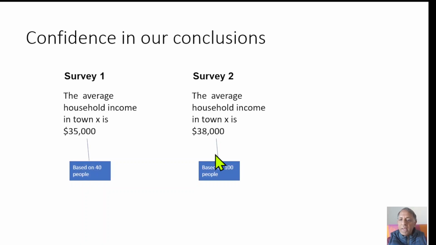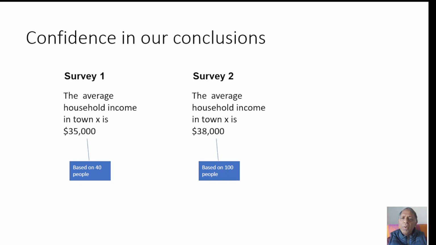Let's say that this 35,000 value was based on 40 people, meaning survey 1 talked to 40 people and their average income was 35,000. Survey 2 talked to 100 people and the average income was 38,000.